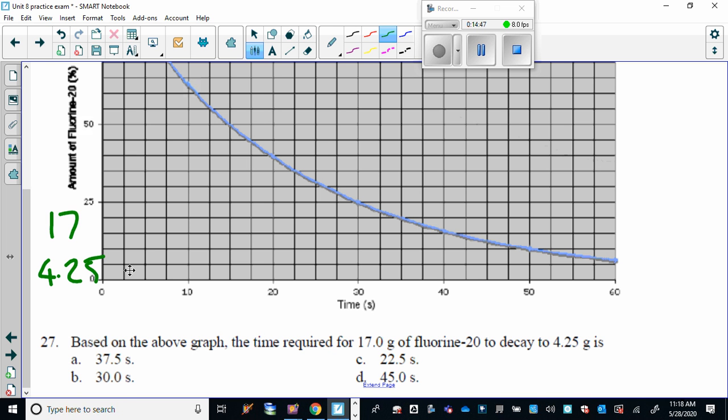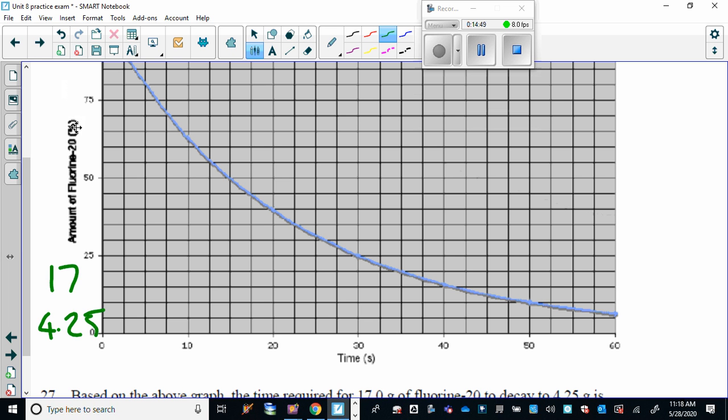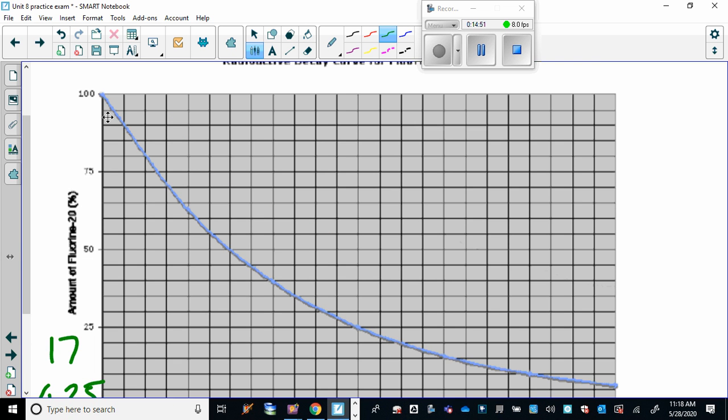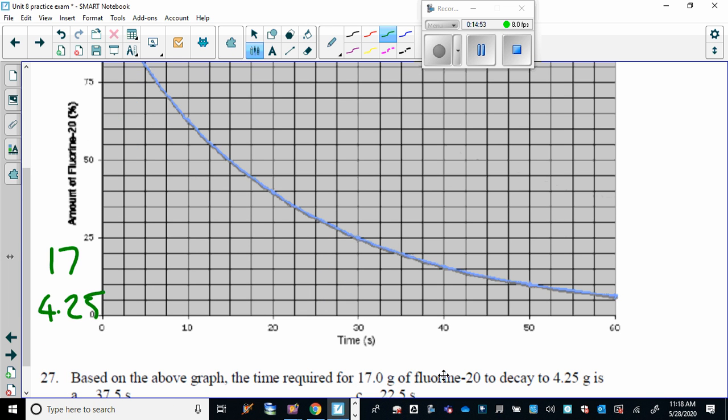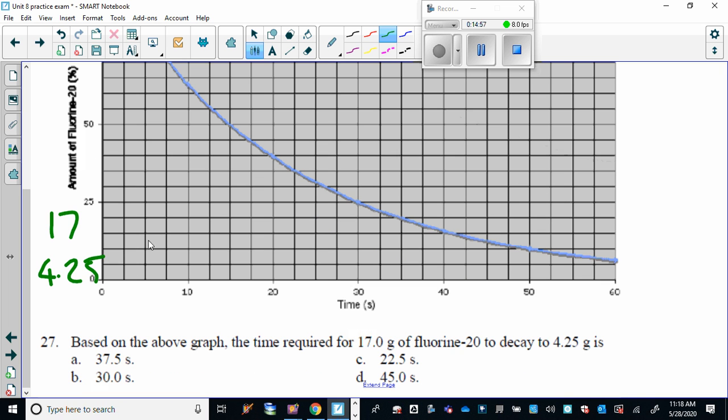This graph shows the amount of fluorine as a percentage, right? It starts at 100% and then goes to 0, and we've got the time on the x-axis. Because it's represented as a percentage, we want to ask ourselves, what percent is 4.25 of 17? You can probably look at that for a couple of seconds and figure out it's a quarter, isn't it?